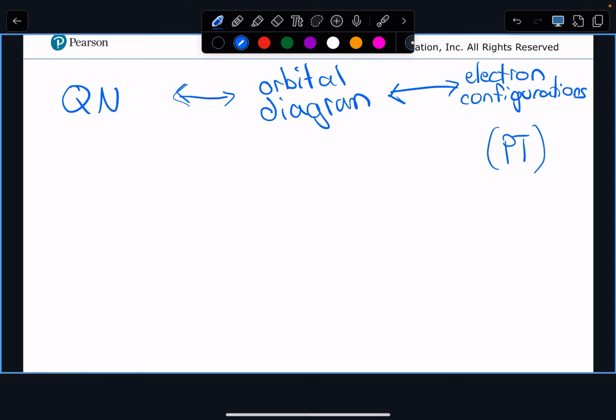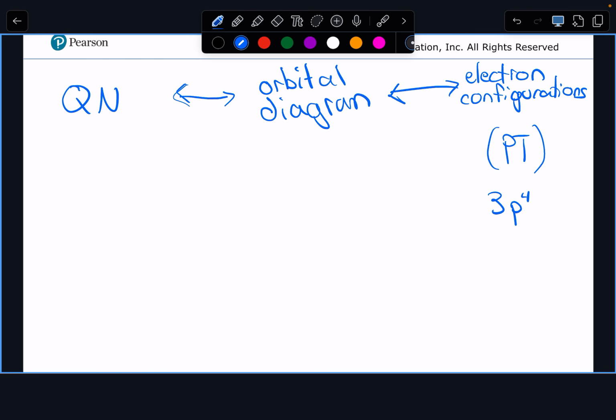So I can immediately say the valence shell is going to have 3p4 as its outermost subshell. Remember, subshell is the n and the l together. So 3p would be the subshell. We're not talking about the individual orbitals. We're talking about that set of orbitals.